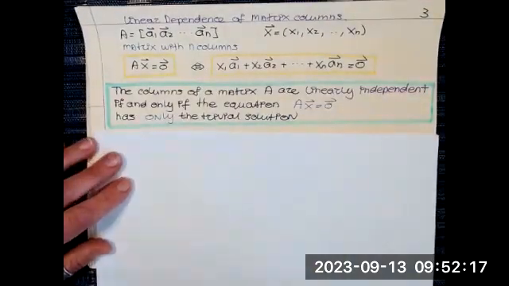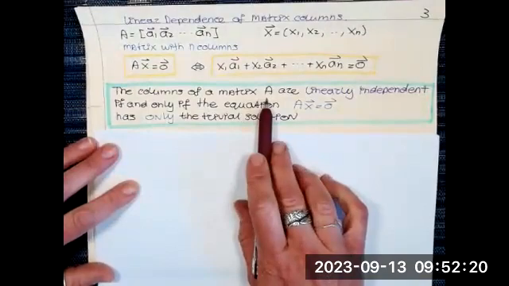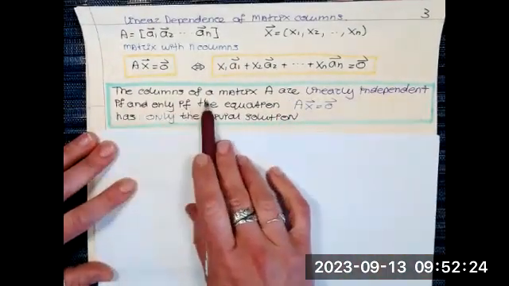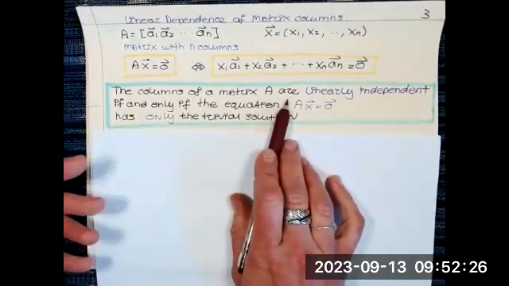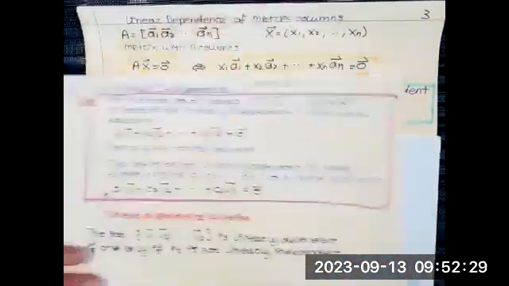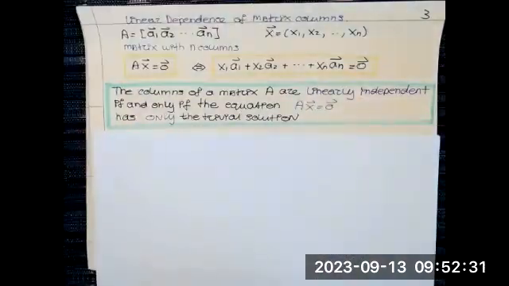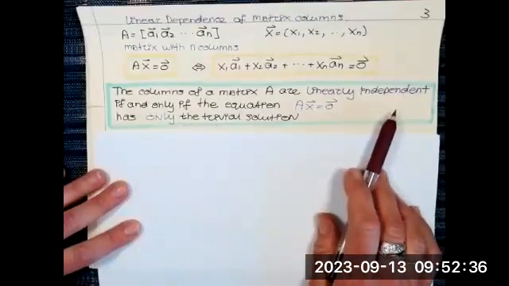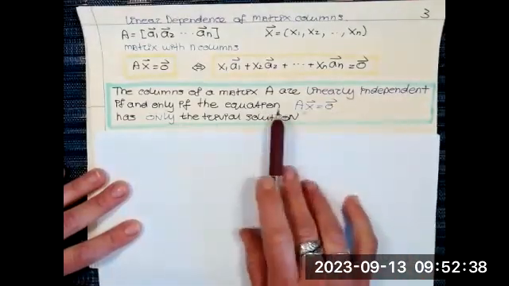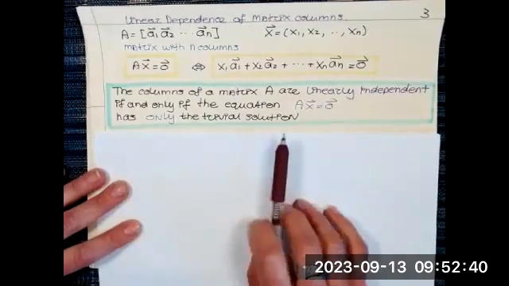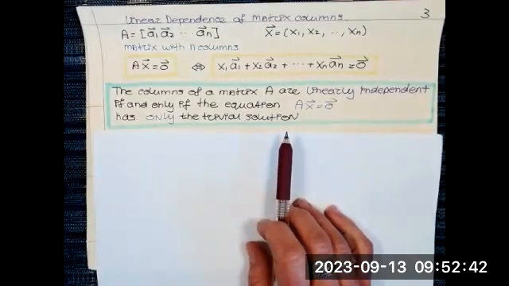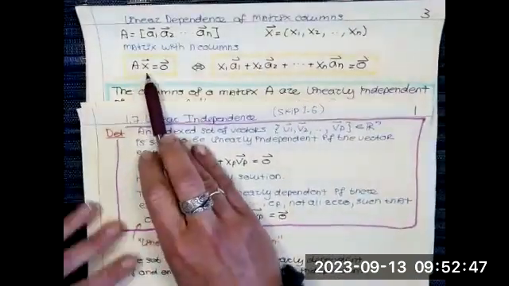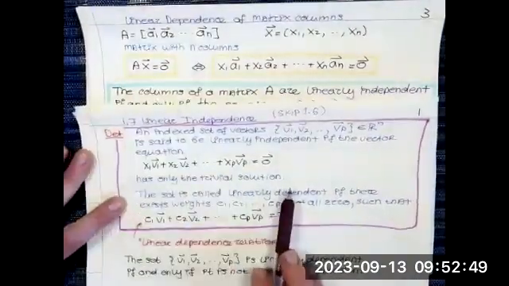We can say that the columns of the matrix A are linearly independent. I'm looking at the columns of matrix A as vectors now. Instead of V1 through Vp, I'm taking columns of A, A1 through An. So the columns of a matrix are linearly independent if and only if this matrix equation only has the trivial solution. It's the same concept, just applied to the matrix equation form versus the vector equation form.